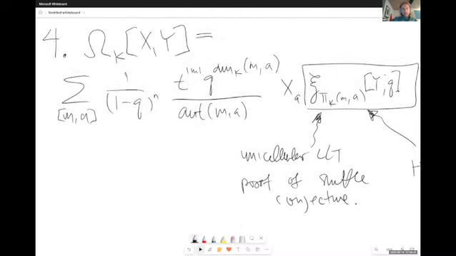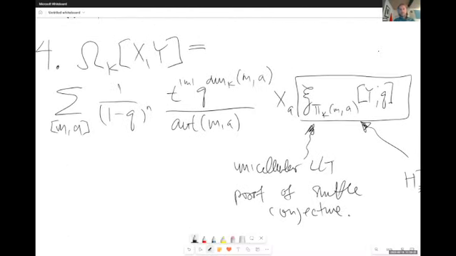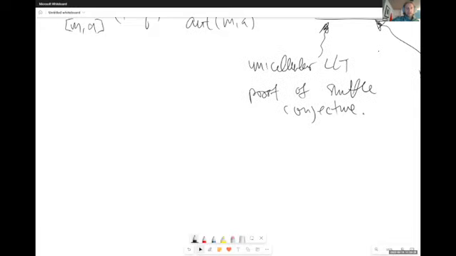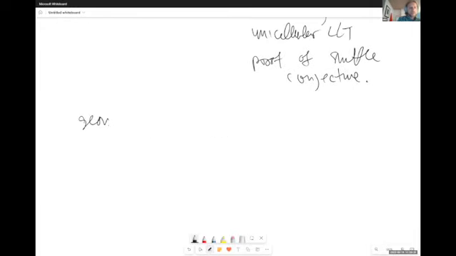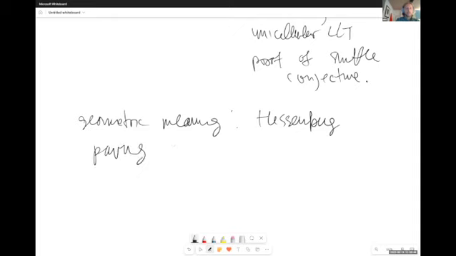And so what does this mean geometrically? The geometric meaning is in a different paper by GKM, and it has to do with what's called the Hessenberg paving, Y gamma k.